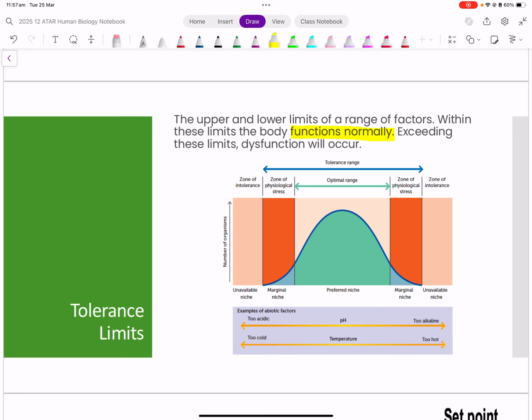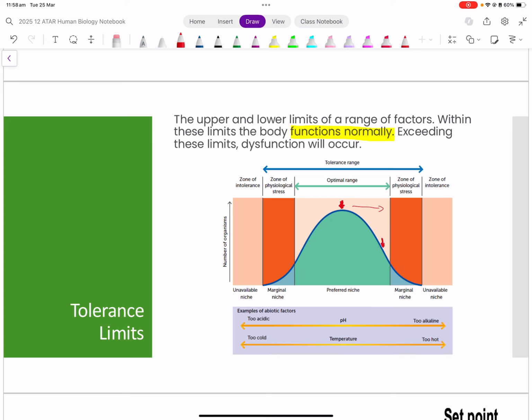Now, what you see here in our diagram is right in the middle, we have our optimum range. Our optimum range is where our body is working as it should, it's working perfectly. If we go too far to the right of this, it very quickly begins to decrease, and our ability to function is inhibited.